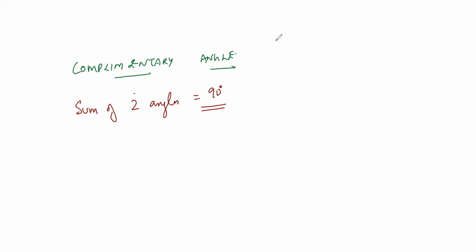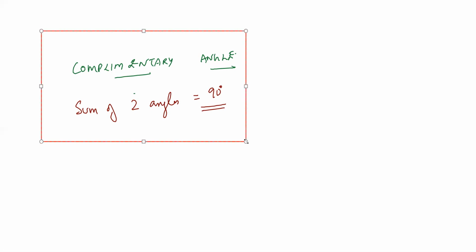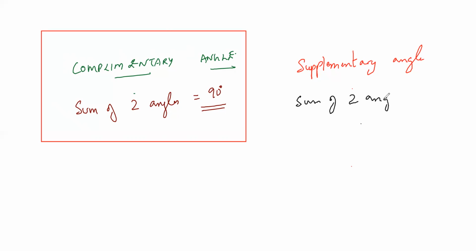This is complementary, this I'll put in a box. Supplementary angles. Instead of 90, the sum of the two angles will be 180 degrees. Instead of 90, it is double. So like that, it will be easy for us to remember which one is which.